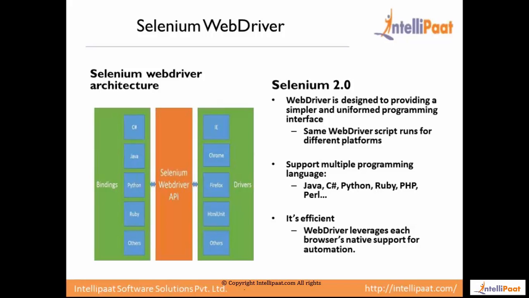Whenever you start writing your code, it is not necessary that your code should be in Java. WebDriver supports multiple languages also. If you know any one of these languages, Java, C#, Python, Ruby, PHP, you can start writing your automation code using Selenium WebDriver.